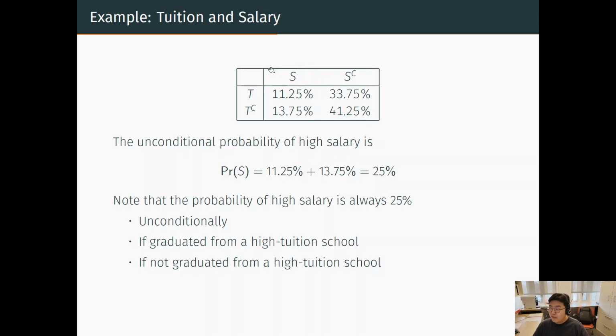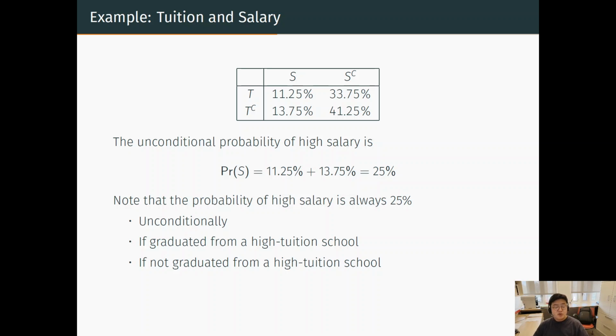Out of four outcomes, we are interested in the first column, two outcomes. We know the sum of the four probabilities must always be 100%, so the denominator is automatically 100. We don't care about that. The numerator is these two, so that is also 25, right?